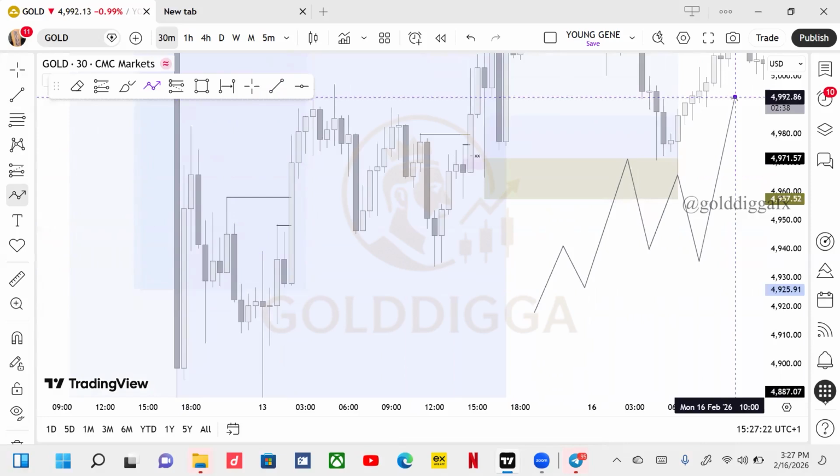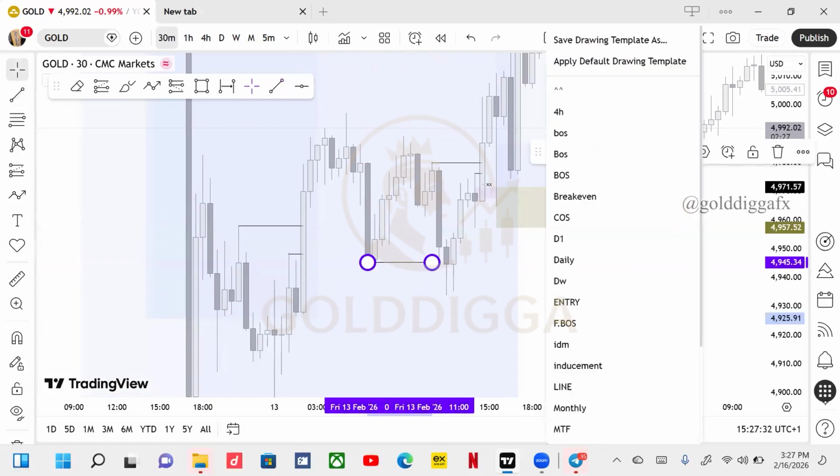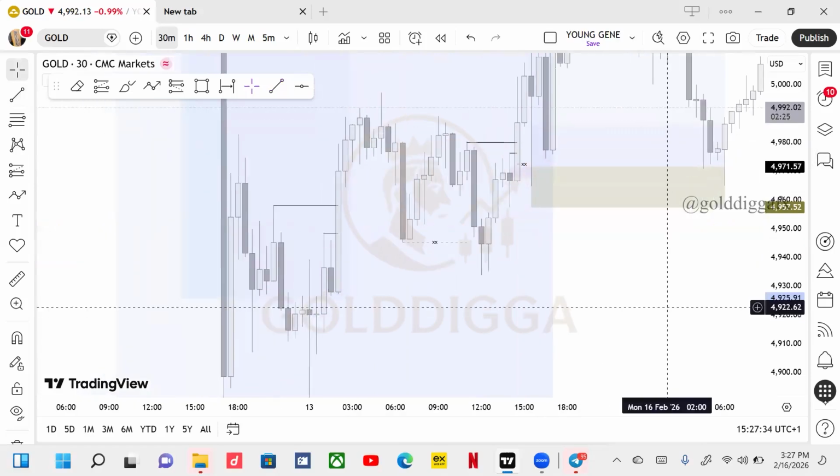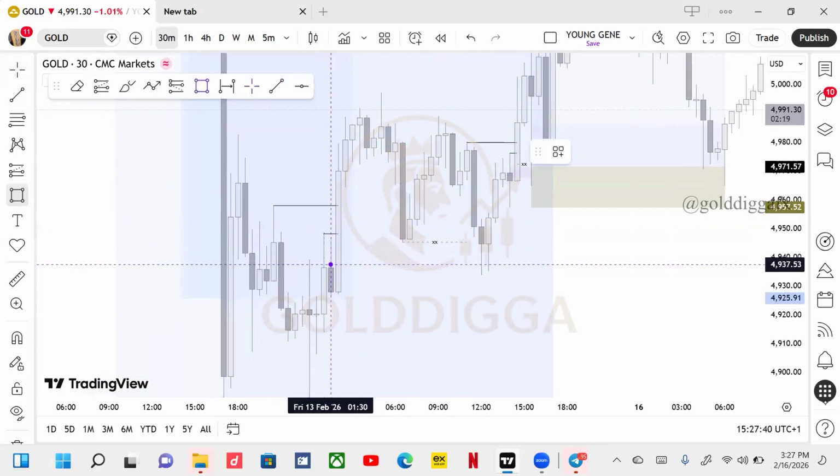So this is what happened here. In this case, this becomes your liquidity. And as you can see, your liquidity already mitigated this first RBS, so you use the second one, which is the first one that's inside.